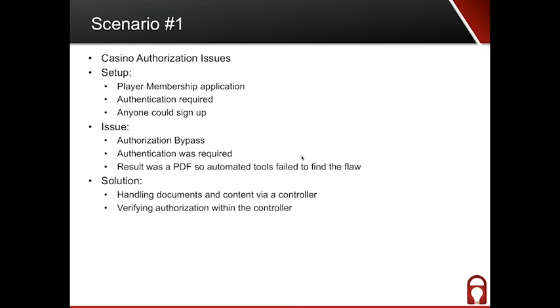So if you change the user ID, let's say my user ID was 10 and I changed it to 5, I got the tax document for person number 5, account number 5. It didn't matter that I was authenticated as person number 10, and it didn't matter that the token I got was for person number 10. The token was just a, yes, I authenticated. And so that's an authorization bypass.